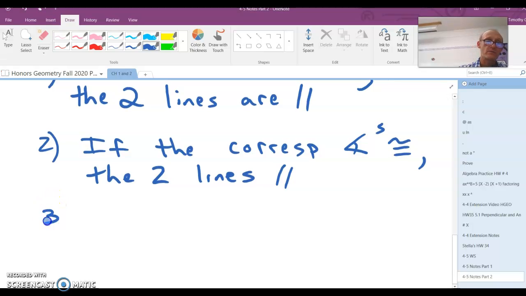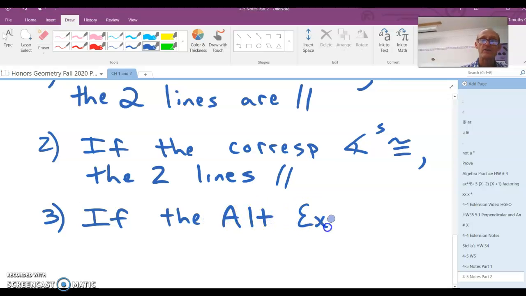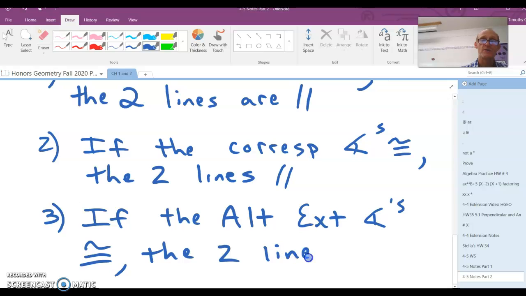Number 3, so see there's a lot going on there: if the alternate exterior angles are congruent, the 2 lines are parallel.